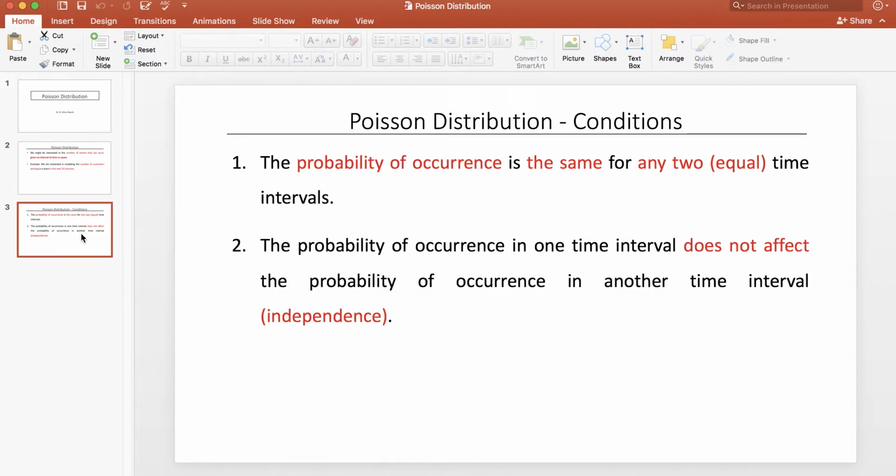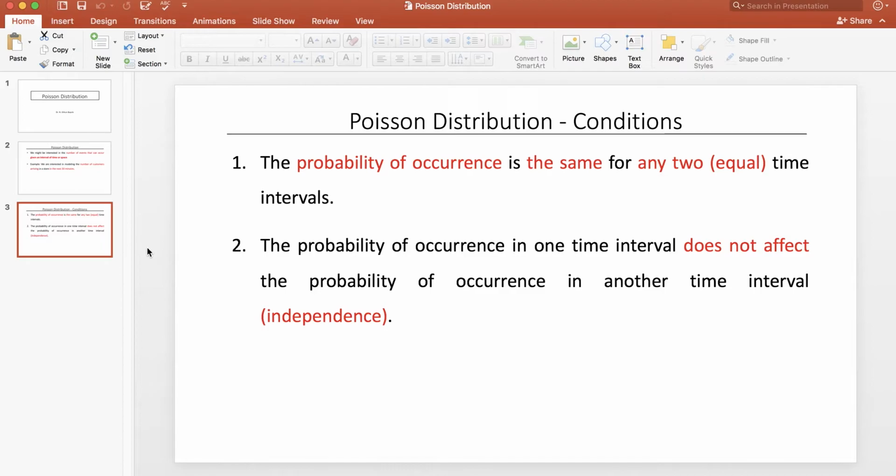We need to satisfy two conditions to be able to model a problem as a Poisson distribution. First, the probability of occurrence is the same for any two equal time intervals.